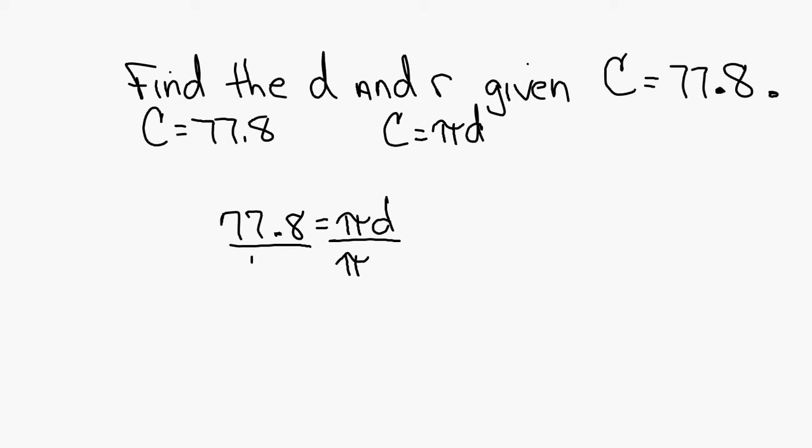So 77.8 divided by pi button equals 24.765, so that's 24.77. So 24.77 is equal to the diameter. And if you take that value in your calculator and you divide it by 2, 12.38 is equal to the radius.